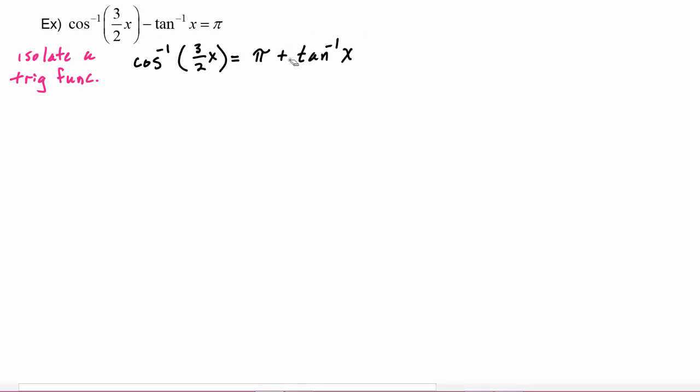Now the next thing we did was substitute for the inverse function. So we are going to momentarily call this theta, and we know if theta equals the tangent inverse of x, then that means that the tangent of theta has to equal x.